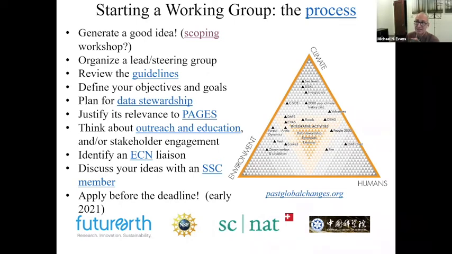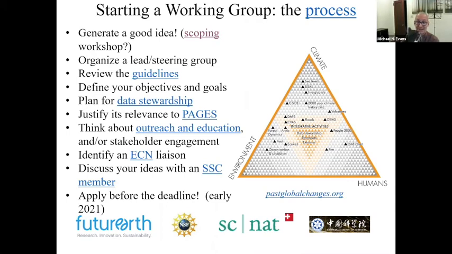I think there are opportunities to develop products and develop contributions that help to connect PAGES to Future Earth. So Future Earth has a mission which is basically around sustainability science, and it embraces much more social science than PAGES does, although PAGES also is trying to develop into that direction.